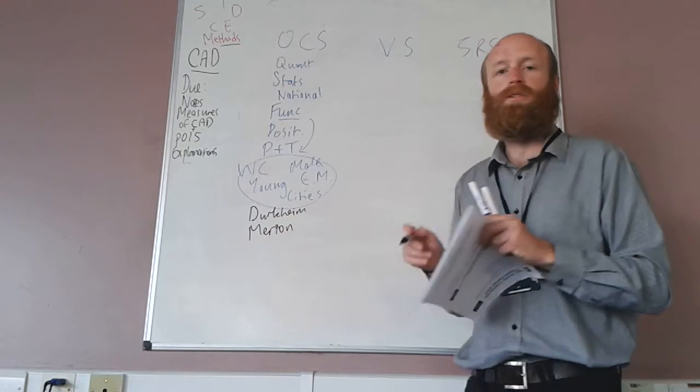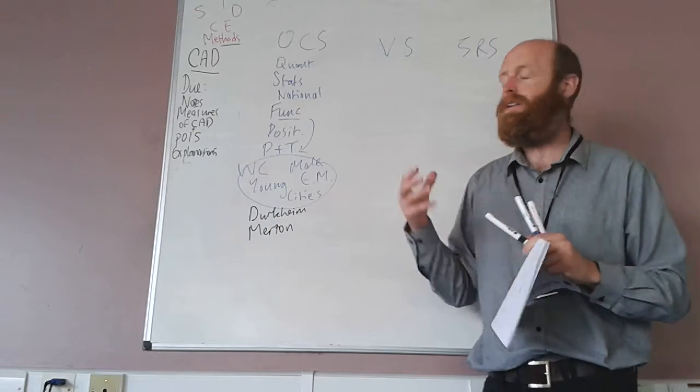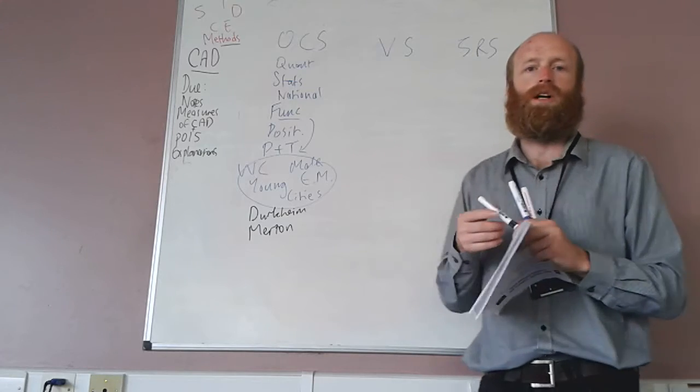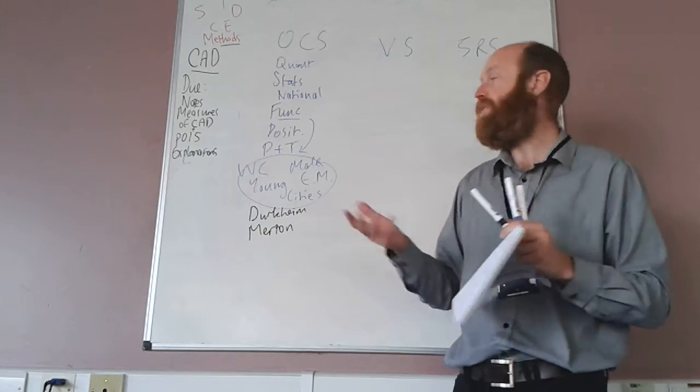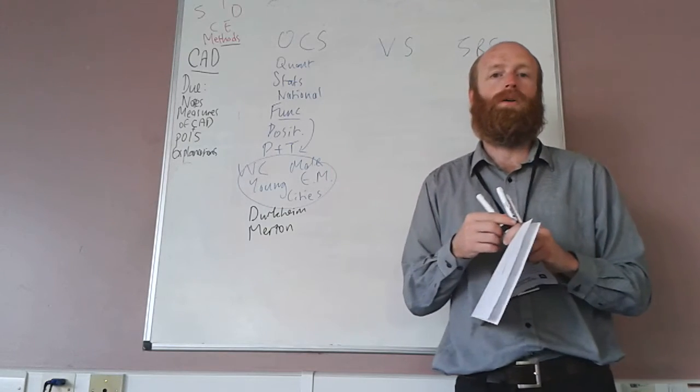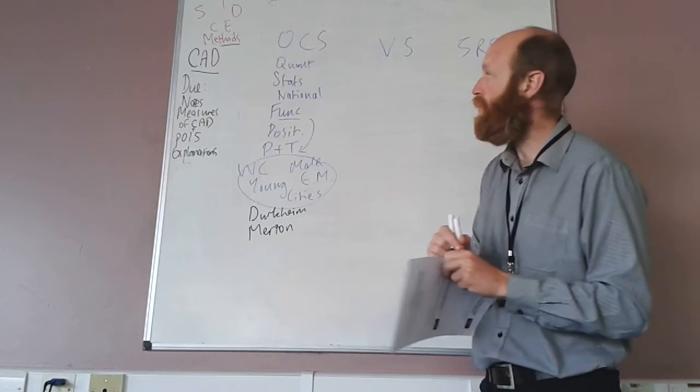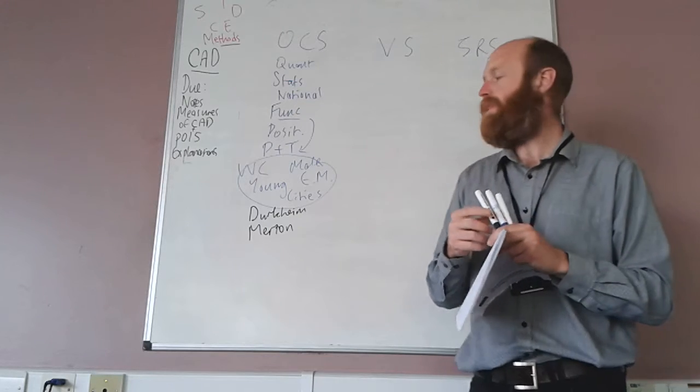Merton looks at working class crime, and a lot of the theories of crime are focused on a class-based explanation because the main offenders are from lower status backgrounds according to the official picture.